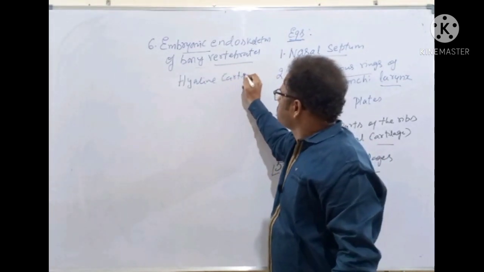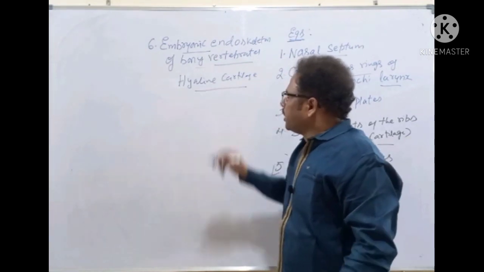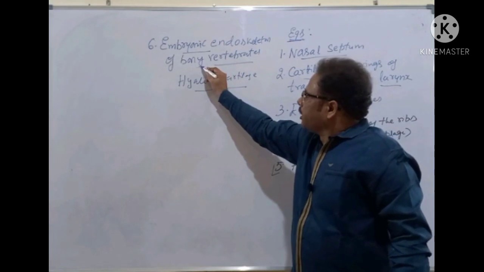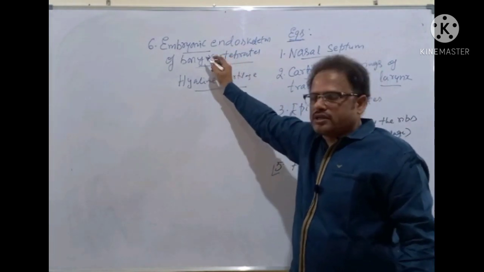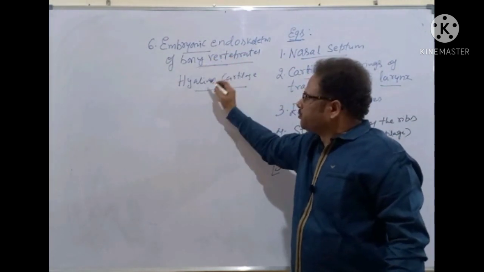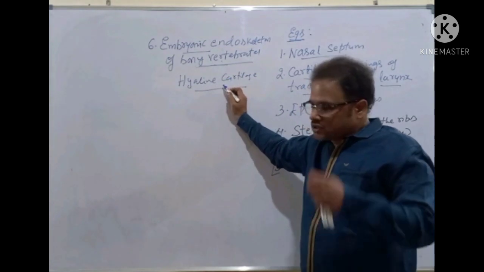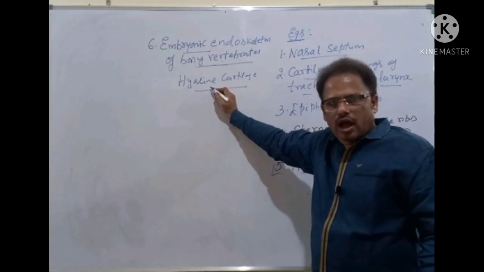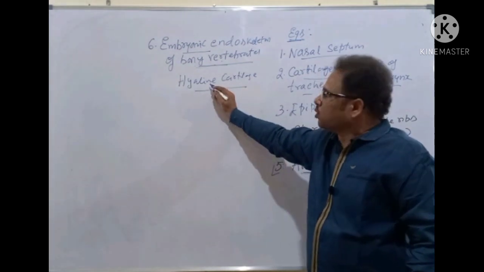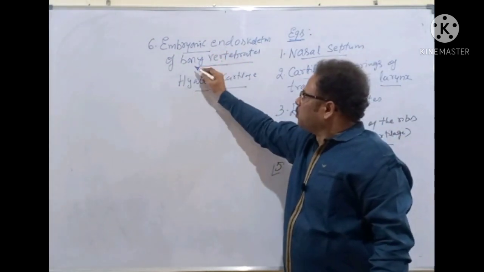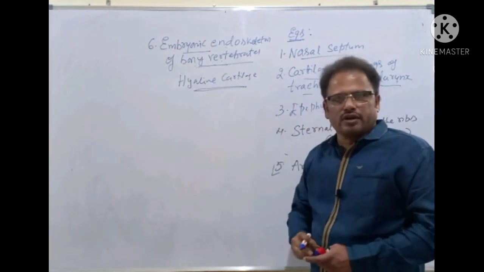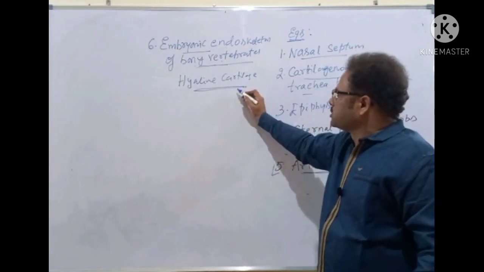No doubt in the adult stages, after birth, the bony endoskeleton is there. But at the embryonic stages of even the bony vertebrates, the endoskeleton is cartilaginous, and hyaline cartilage is present.